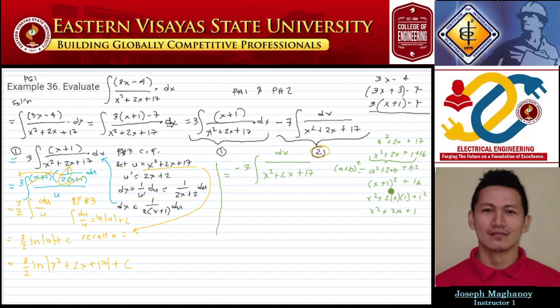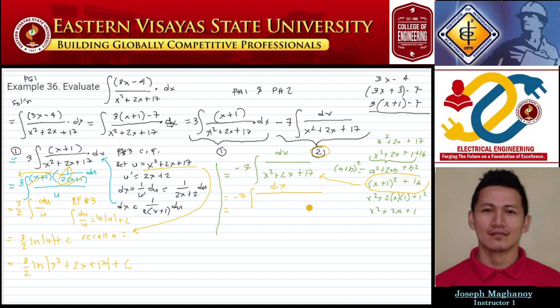So we have a factor x plus 1 squared plus 16. So we use this as our denominator. Okay, so negative 7 integral of dx.